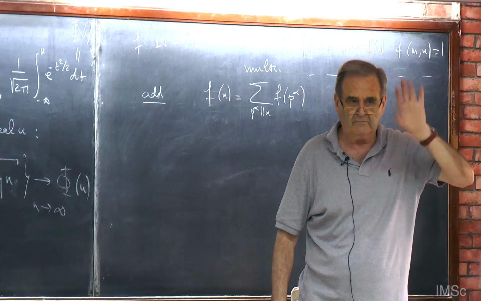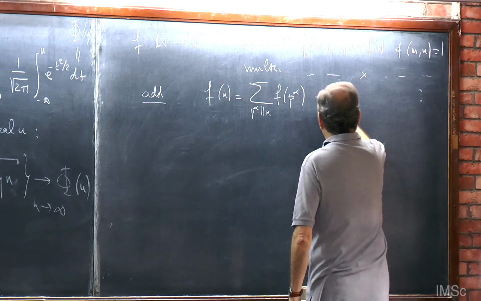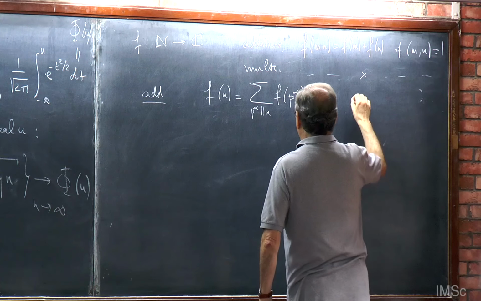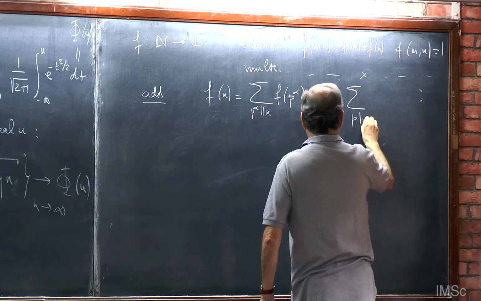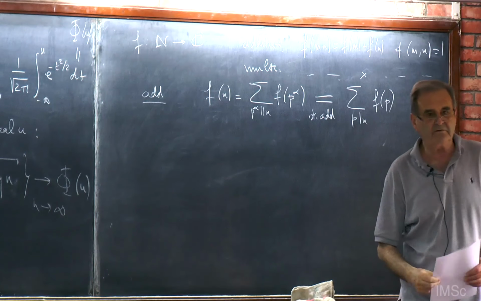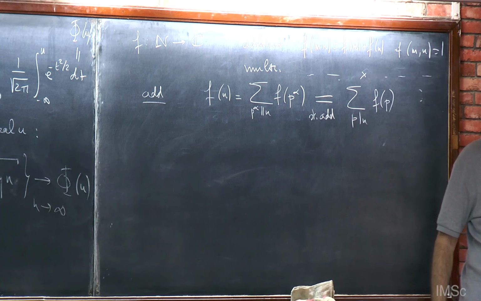I say, okay, it is divisible by p once, and that's it. So this is what we call strongly additive. Strongly additive means that f(n) is the sum over p dividing n of f(p), that is to say, f(p^alpha) is equal to f(p) regardless of alpha.